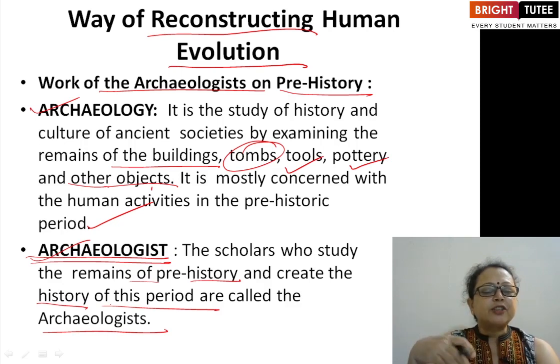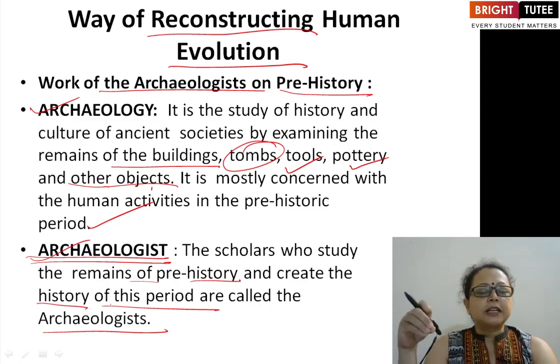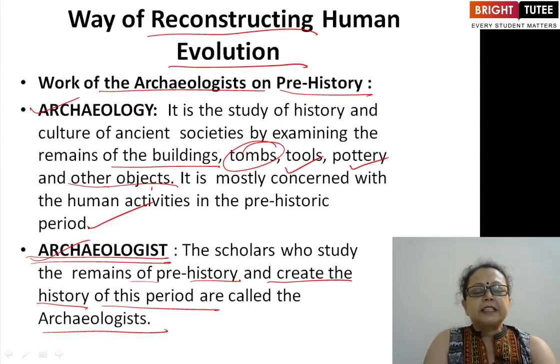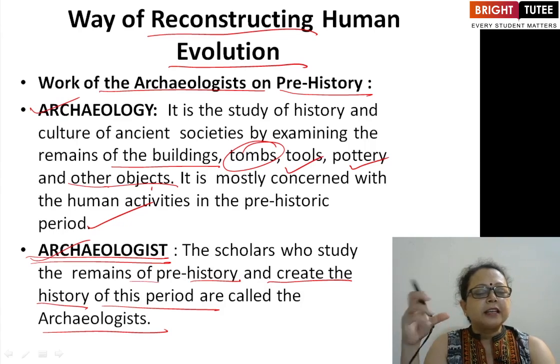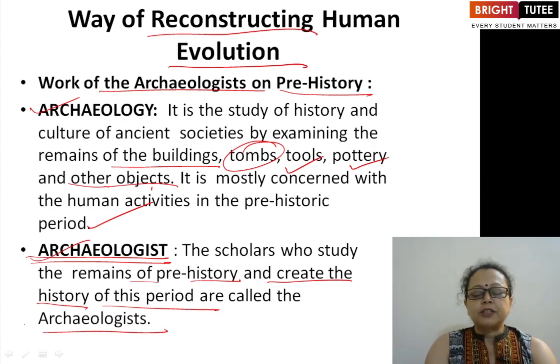From the excavation sites, by studying the findings, they create the history about the existence of life on the earth, converting all those things into the form of history. And those scholars who are involved in these activities are called archaeologists.